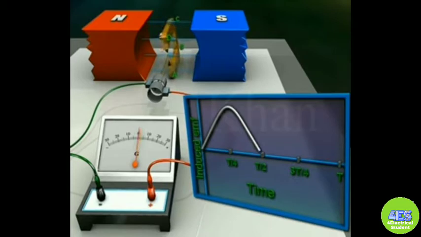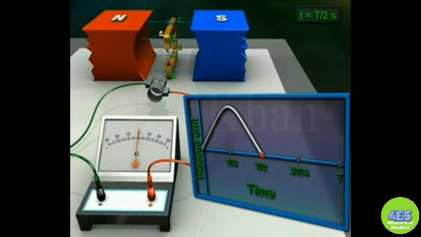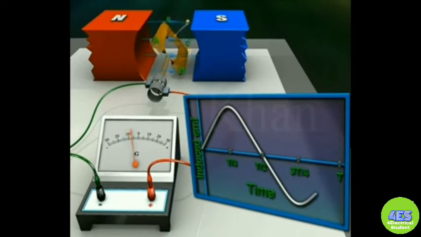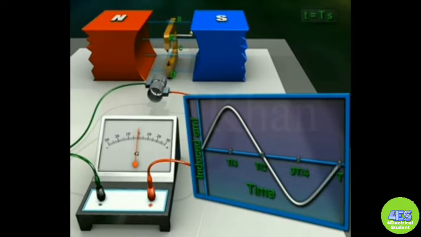Then at time t equal to T/2 seconds, the armature again becomes vertical and therefore the induced EMF is 0. During the third quarter rotation, the induced EMF attains its maximum negative value. During the fourth quarter rotation, the induced EMF decreases and becomes 0 momentarily at time T seconds as the armature is vertical once again. So the magnitude of induced EMF is sinusoidal.